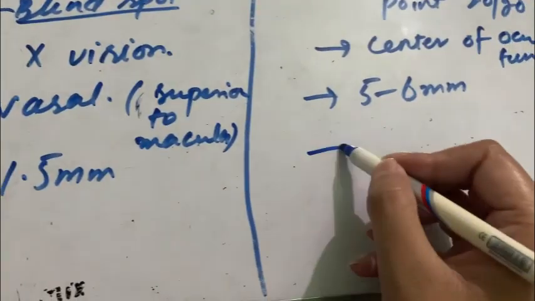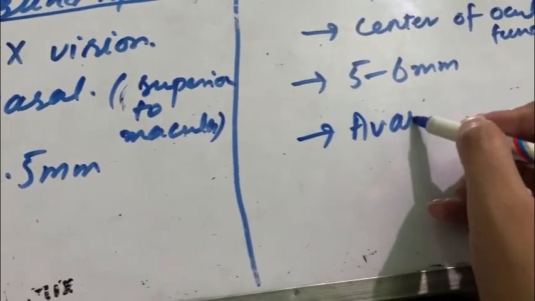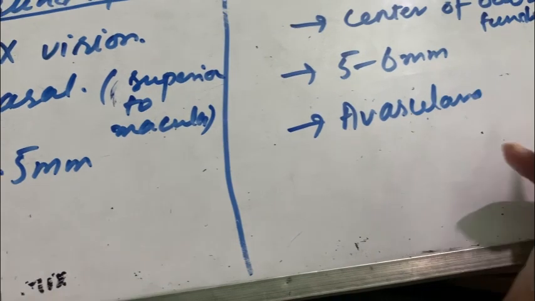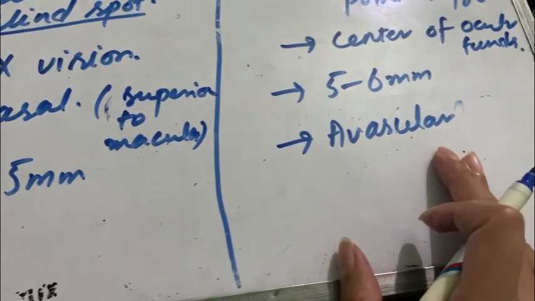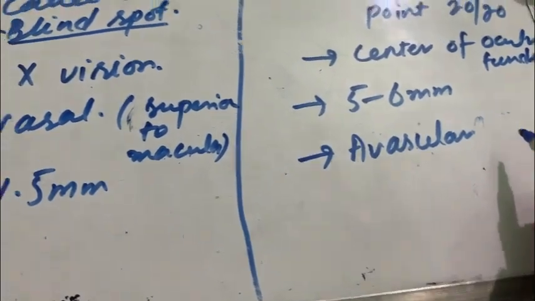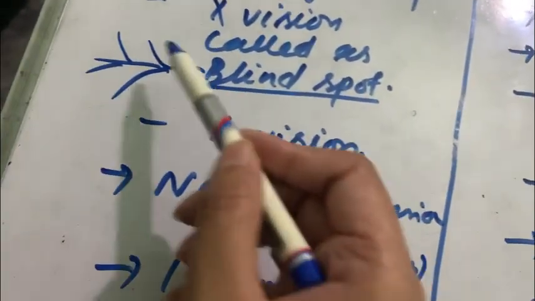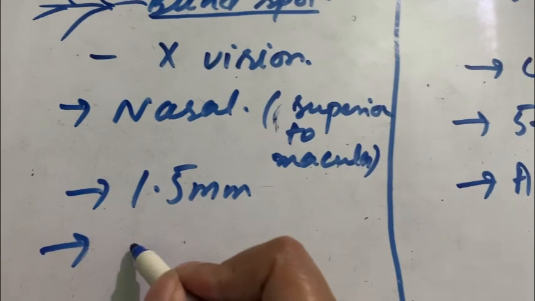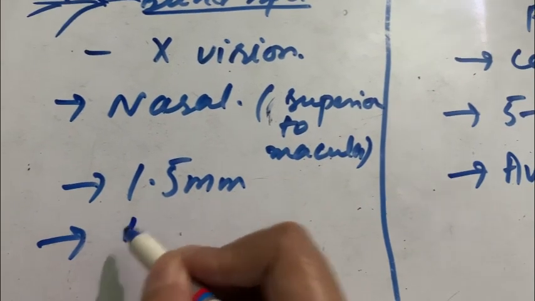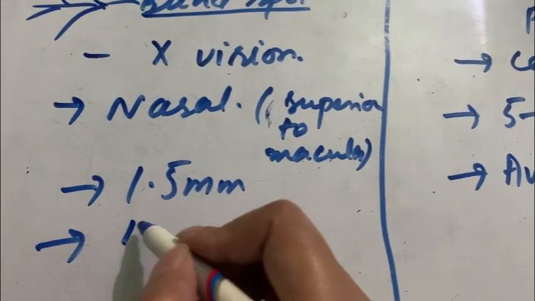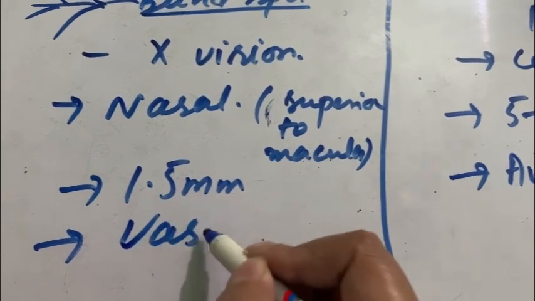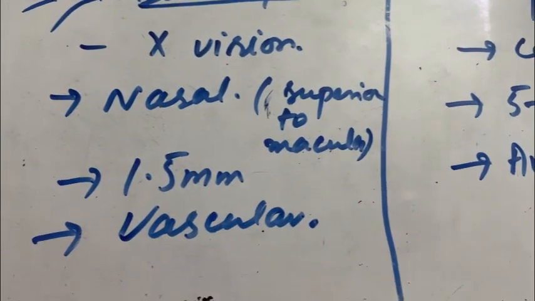Next is, this is the avascular part and is provided nutrition by the help of choriocapillaries, while this is the part where all of the blood supply comes and goes, so it is not avascular, it is a vascular part.